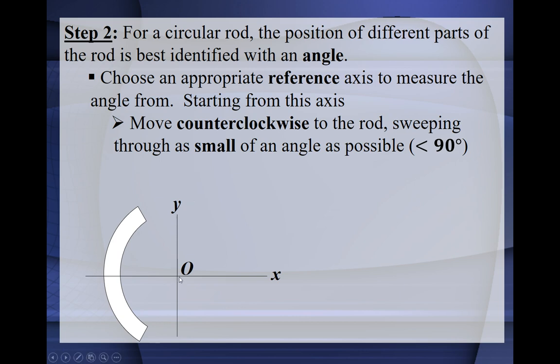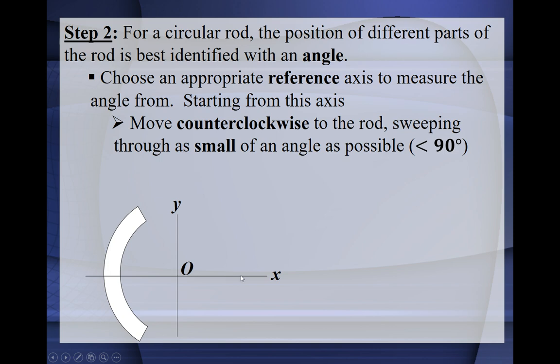Immediately, some people might be thinking, let's just make the positive x-axis the reference axis. But in general, I want to choose a reference axis so that the angle between the reference axis and where the arc of charge starts is the smallest angle possible.